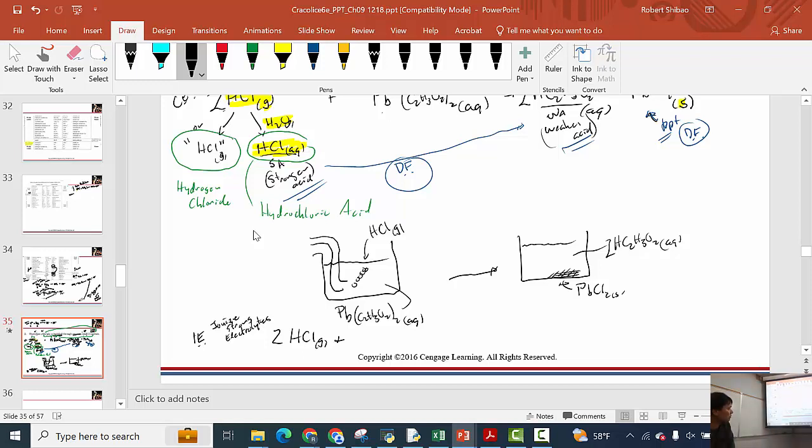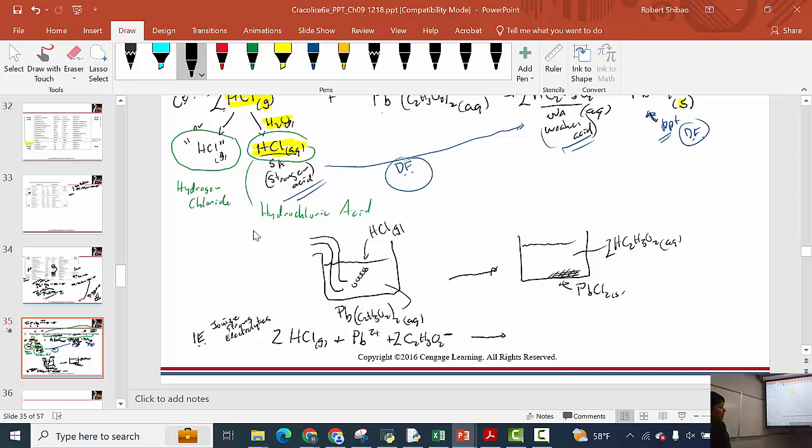What ions would I form? Pb2 plus and acetate. How many acetates? 2. And so it's going to break up into 1 lead ion and 2 acetates.